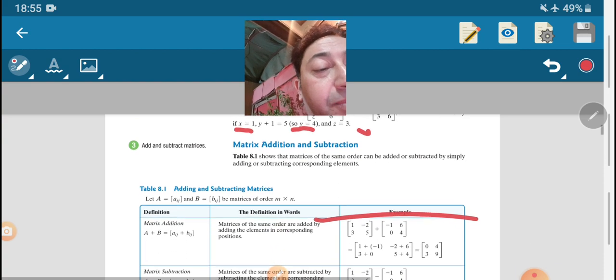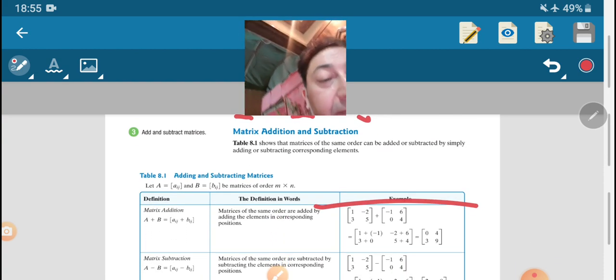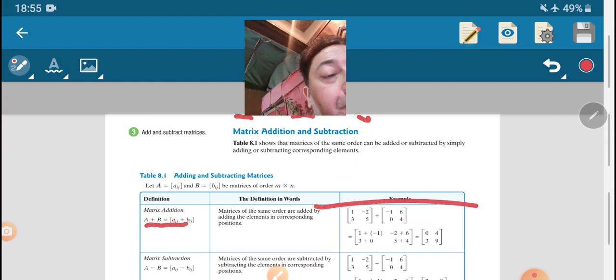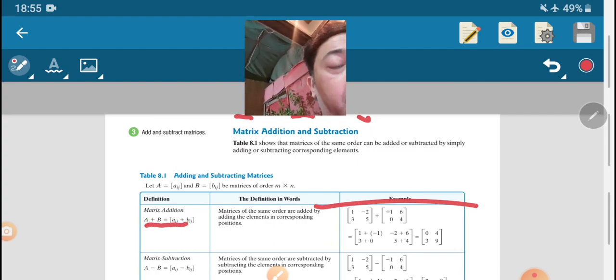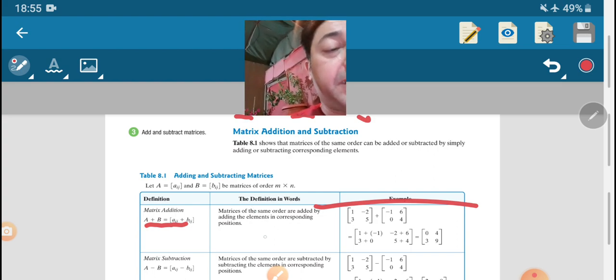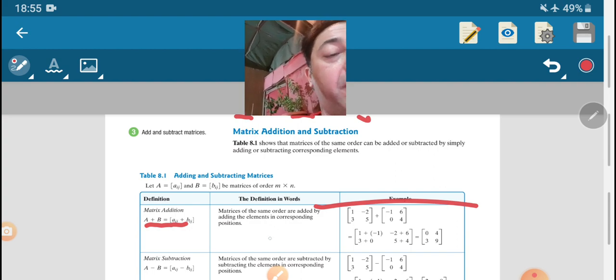How to add and subtract. If you want to add two matrices, add the members in the same row and the same column to each other. That means the two matrices must have the same order.